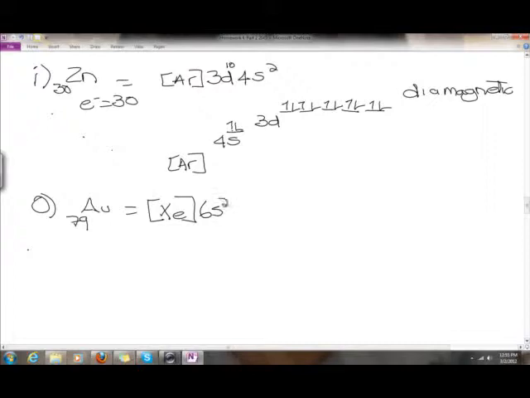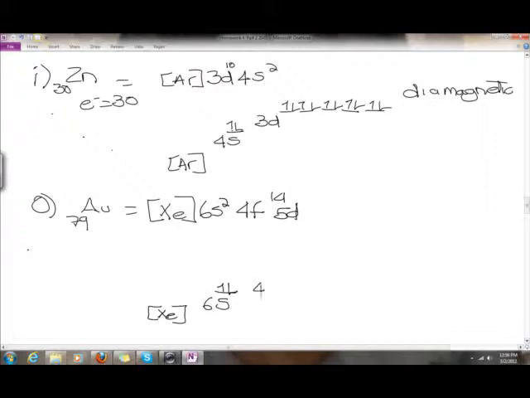So we have 6s2, 4F14 and 5D10. Let's do the diagram. That's why I like the diagram too. Xe would be the prior noble gas, and the valence would be 6s2.